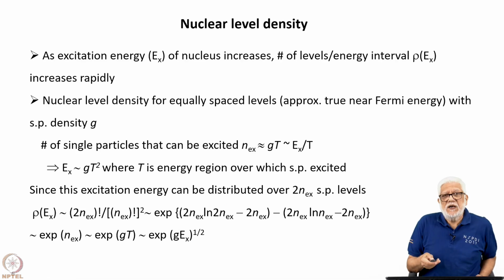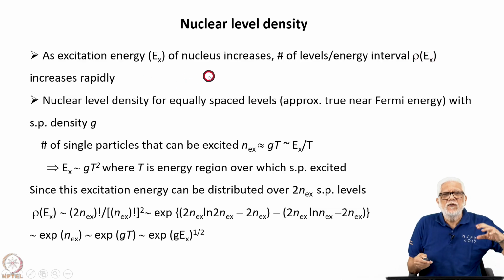There is another fundamental quantity associated with the nucleus called the nuclear level density. This also can be extracted from the Fermi gas model. The background to this is as follows. As the excitation energy of the nucleus increases, the number of levels per unit energy interval, which is given by this rho as a function of excitation energy, increases rapidly.